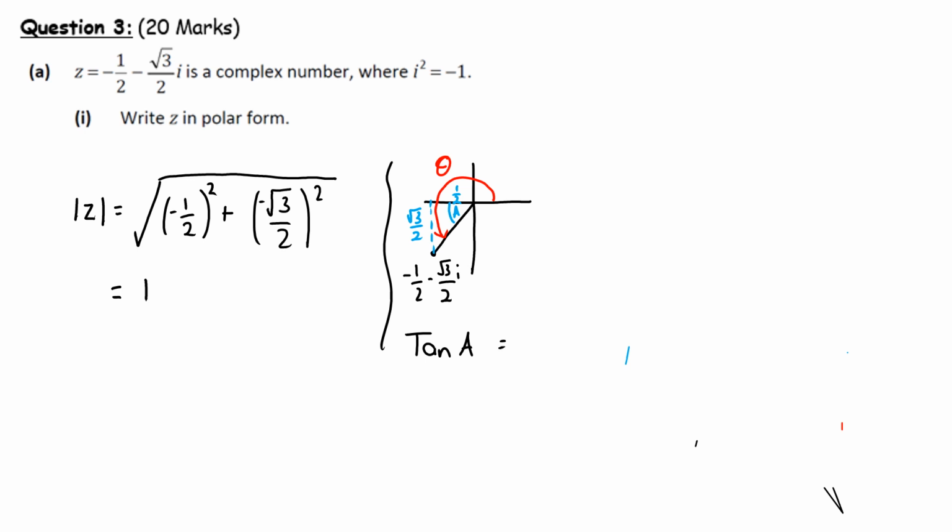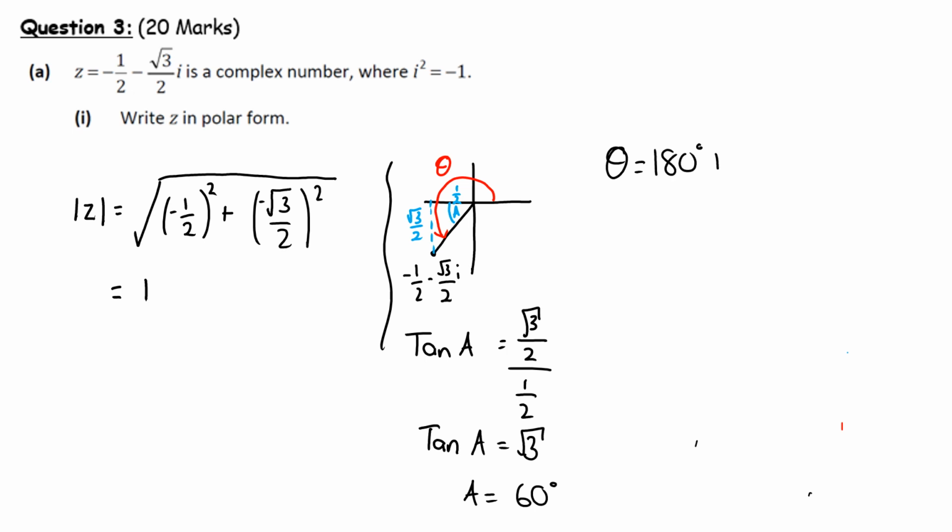That means tan of A is equal to root 3. So A is equal to 60 degrees. In order to work out the argument, theta, we're going to say theta is equal to 180 degrees plus 60 degrees. And that means that is 240 degrees.